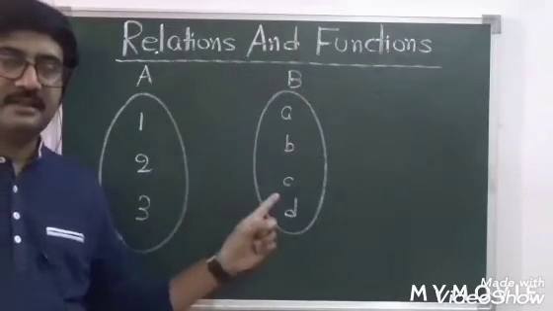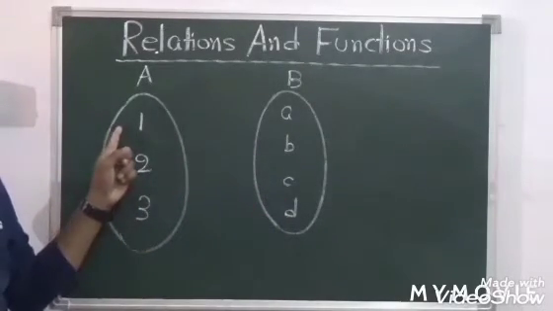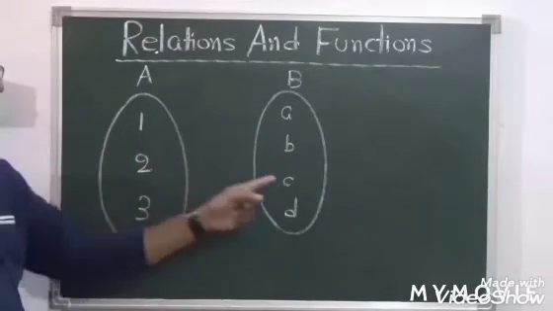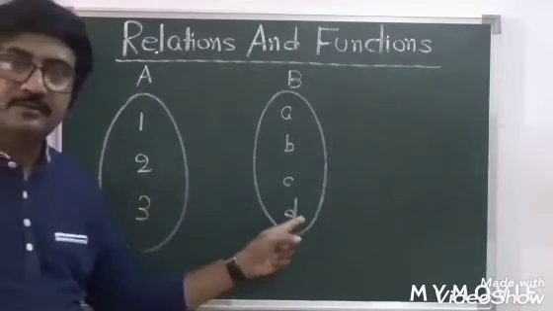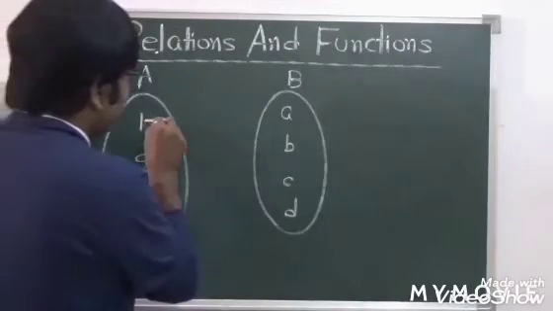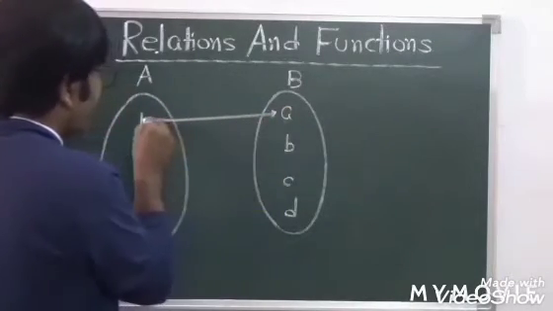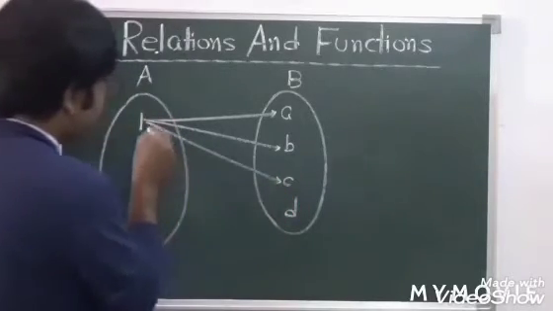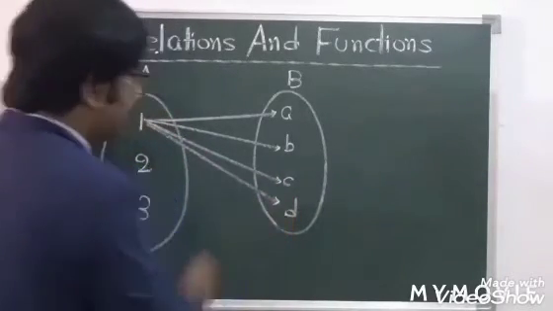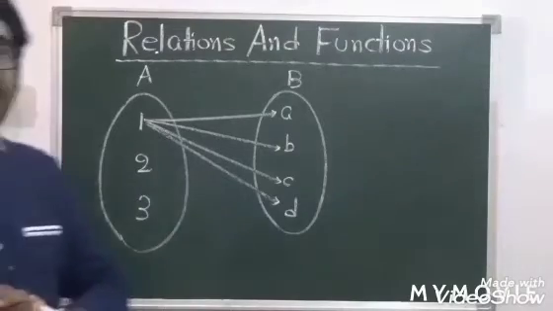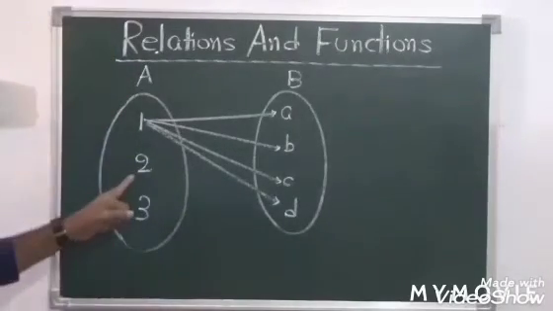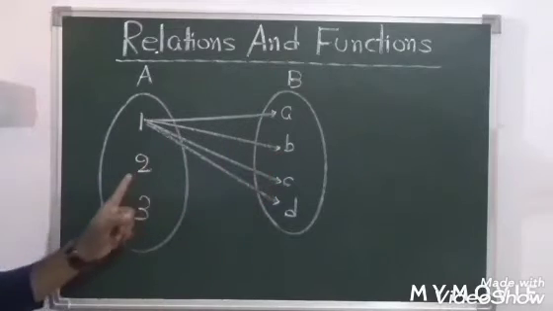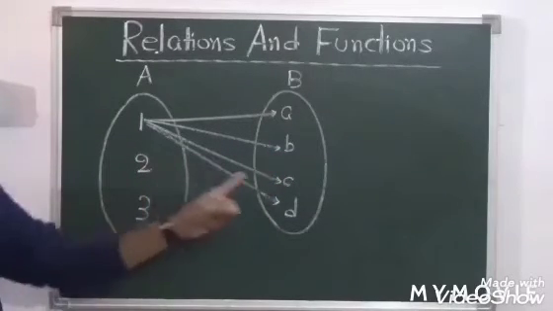Now if we talk of 1, it could be connected to a, it could be connected to b, it could be connected to c and it could be connected to d. So let us do it. 1 is connected to a, 1 is connected to b, 1 is connected to c and 1 is connected to d. Similarly, beginning with element 2, it can be mapped with a, b, c and d.